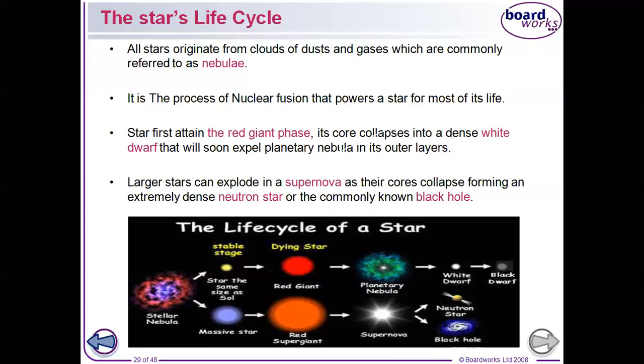So we can see that a black hole is a result of a supernova from a red supergiant or a massive star. That means our star cannot form this. Rather, it will form this, a dwarf star. Do we understand the steps or the cycle involved?